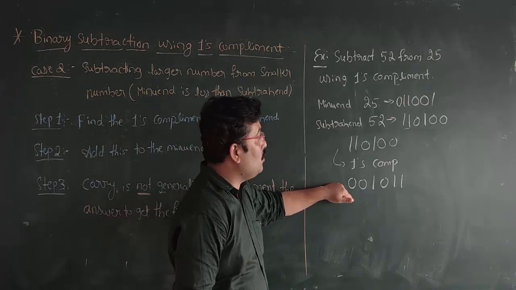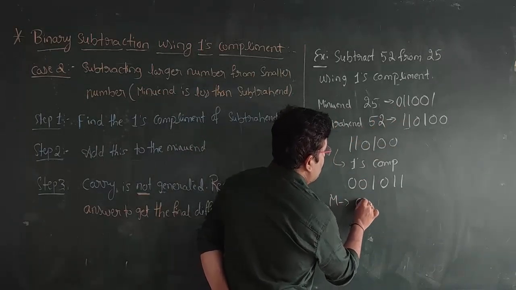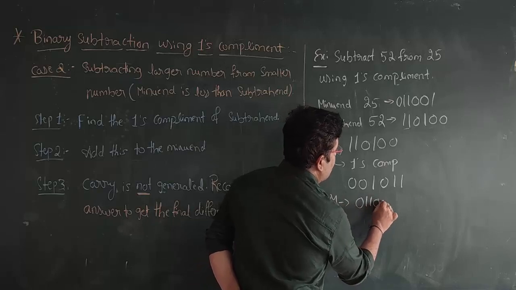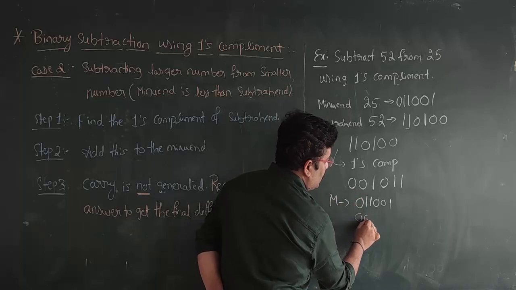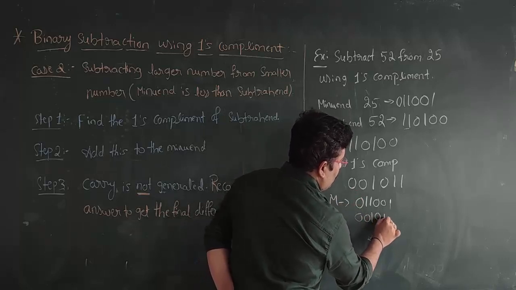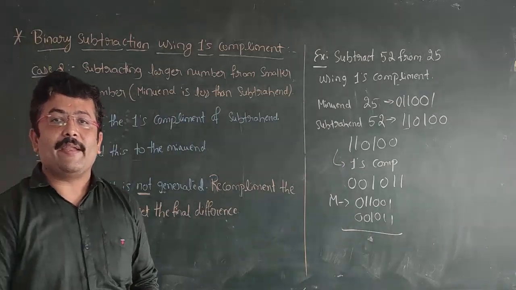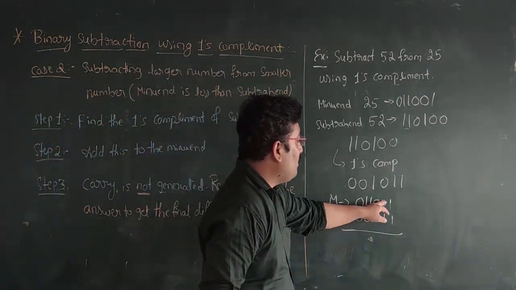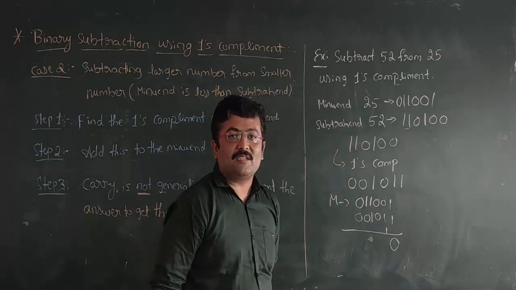Add this to the minuend. The minuend is 011001 and the ones complement answer is 001011. Add these two using the binary addition table. 1 plus 1 means sum 0, carry is 1.